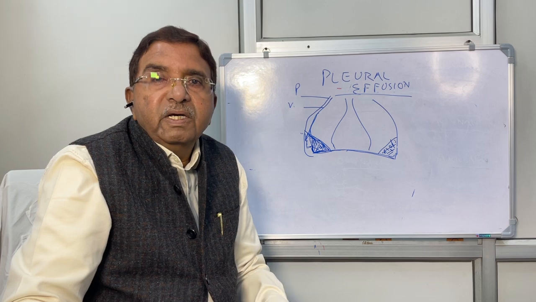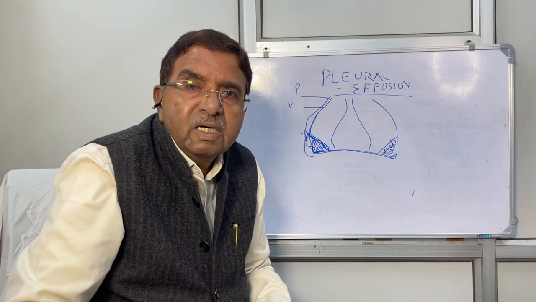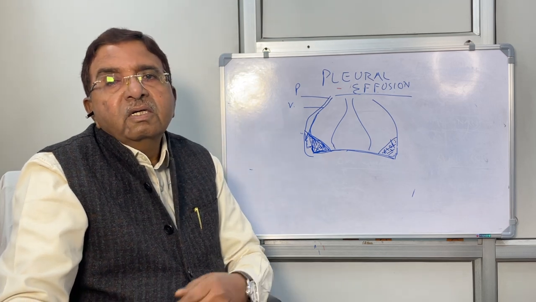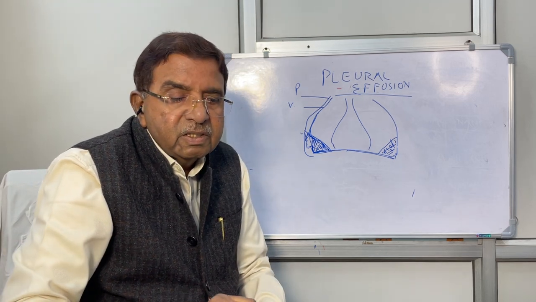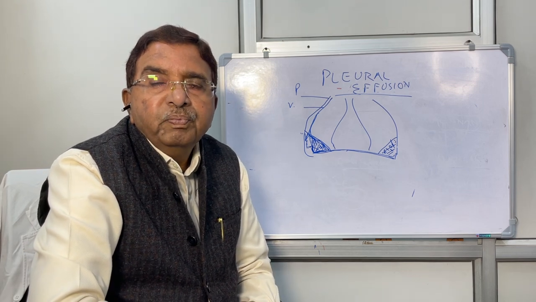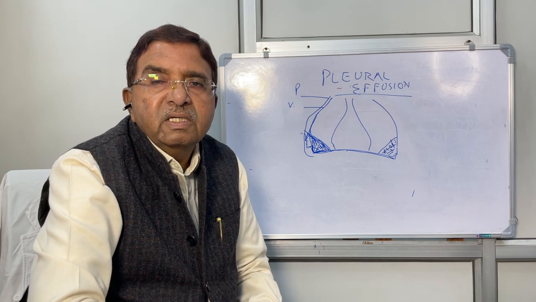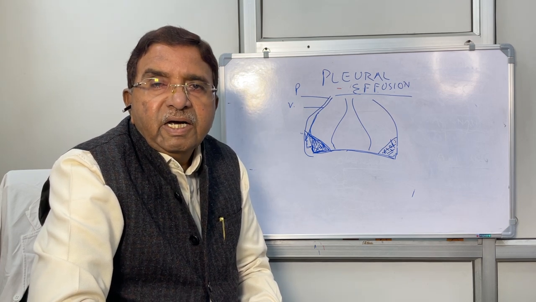Then microscopically, only 0 to 5 mononuclear cells are seen in transudate, whereas in exudative patients the cells will be of different types like pus cells, lymphocytes, malignant cells, AFBs, gram staining bacteria, etc.